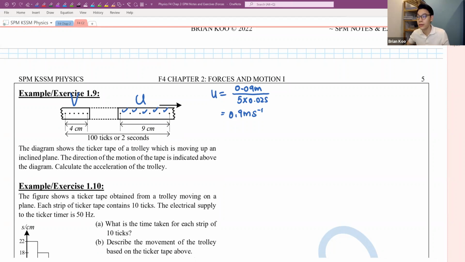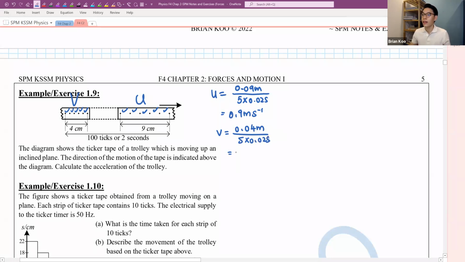And then for the V, it is this back part. 1, 2, 3, 4, 5 as well. 0.04 meters divided by 5 times 0.02 seconds. Make sure you try to get this yourself.